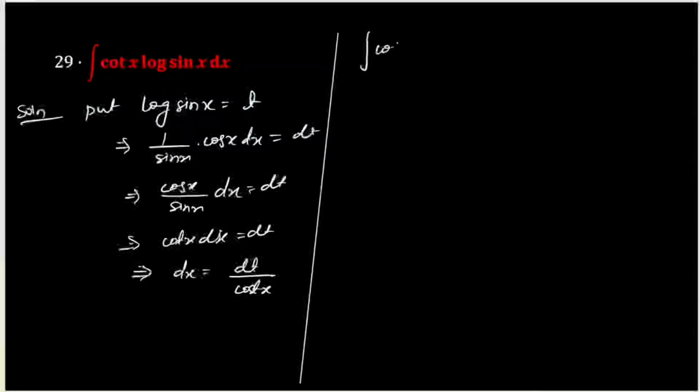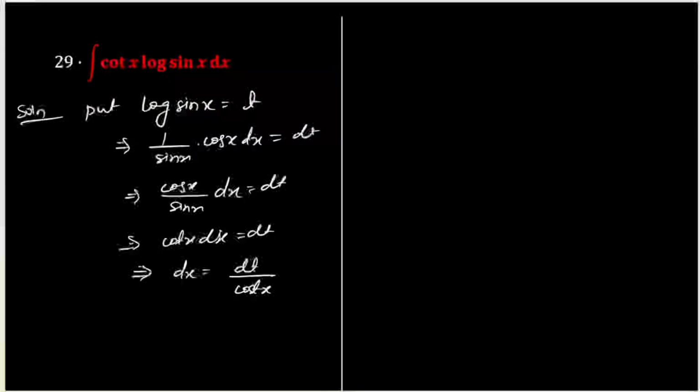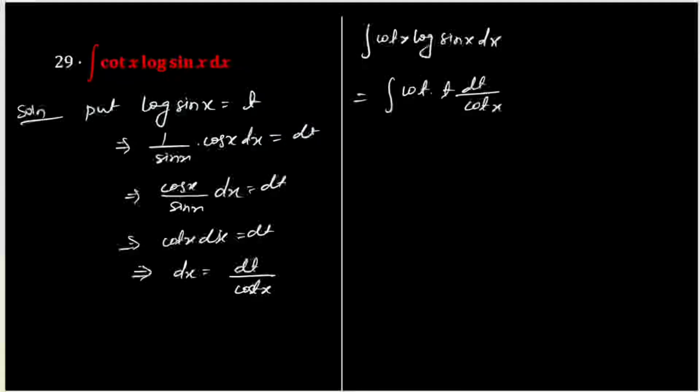Therefore, the required integral cot x log sin x into dx is equal to cot x into t, where log sin x equals t, and dx is equal to dt by cot x.